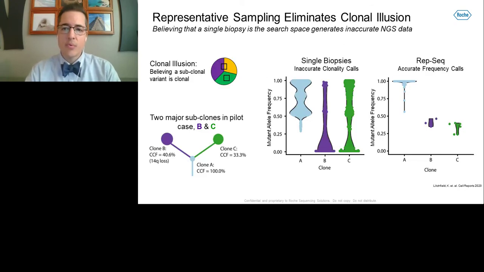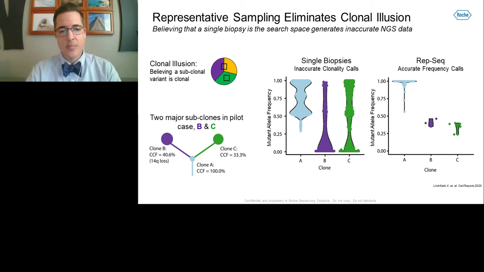So the first and most important aspect of representative sampling as it relates to NGS is the fact that when you homogenize tumors, you eliminate clonal illusion. As you can see in the top right, the little pie chart is essentially a brief description of what clonal illusion is.